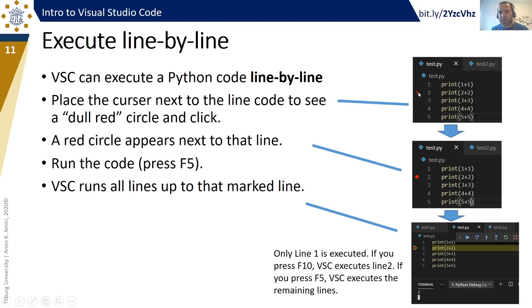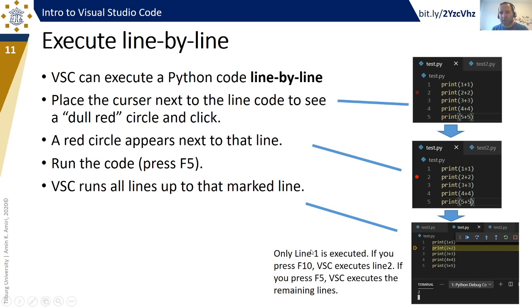You see a dull red. If you click, you see a light red circle there. That means if you press F5 or if you run the program, Visual Studio Code runs every line before this line.